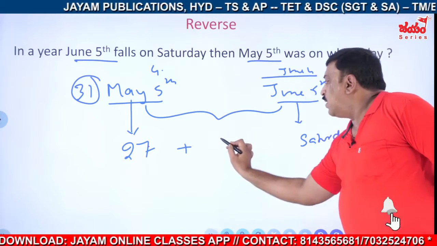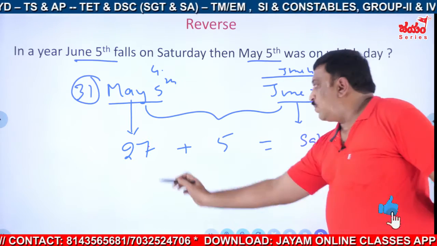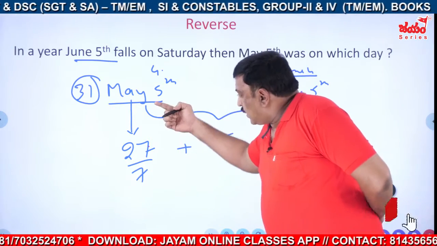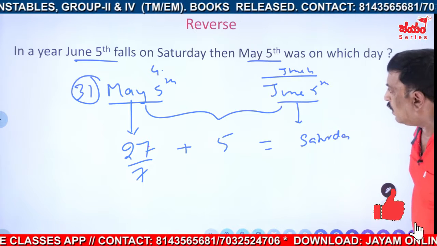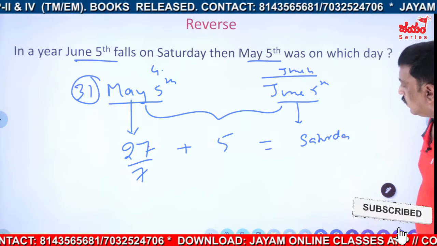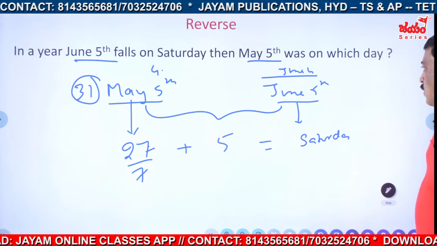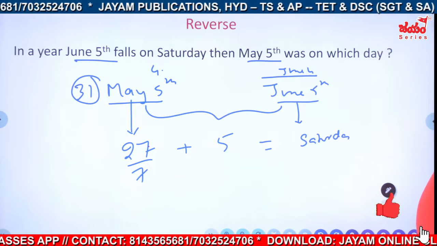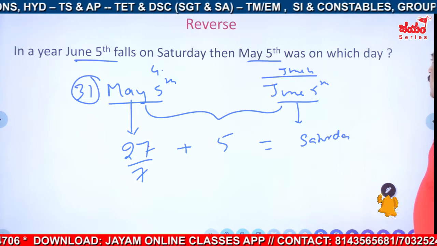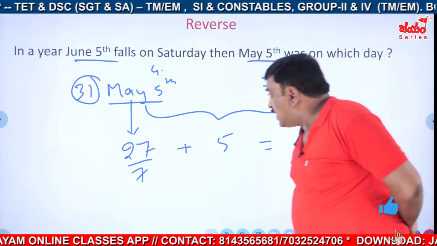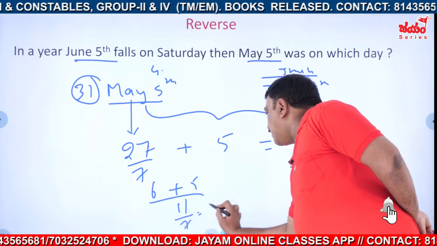So 27 plus 5 should be equal to Saturday. 27 by 7, 7 threes are 21, that is 6. 6 plus 5 is 11. 11 divided by 7 is 4.